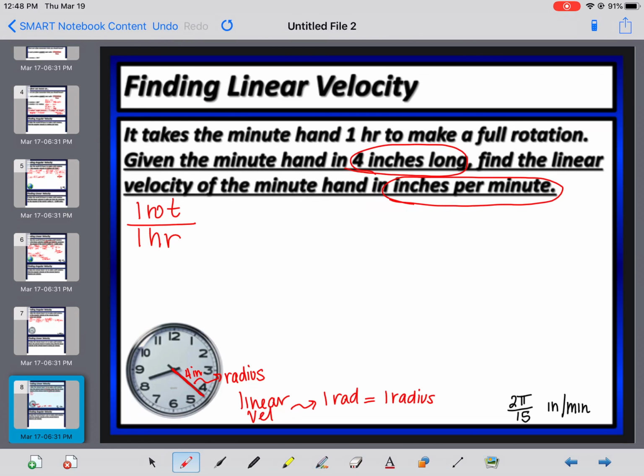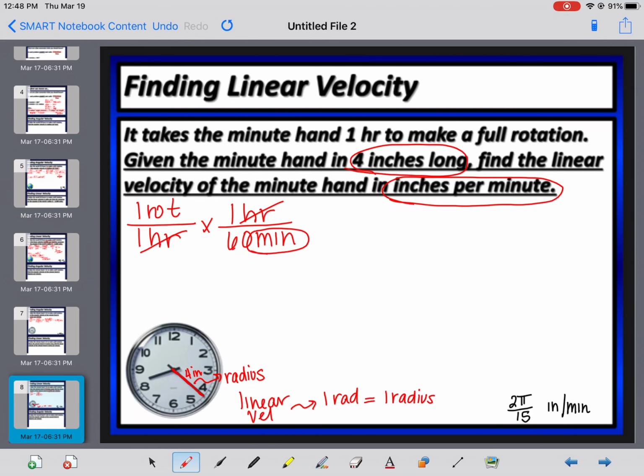So, inches per minute. I'm in rotations per hour. Well, it feels easier for me to go hours into minutes again. So 1 hour is 60 minutes, again positioning hours on the top so that my units will cross cancel. Circling my measurement here because minutes is what I need to end with.